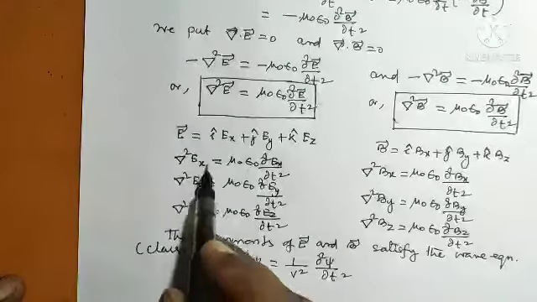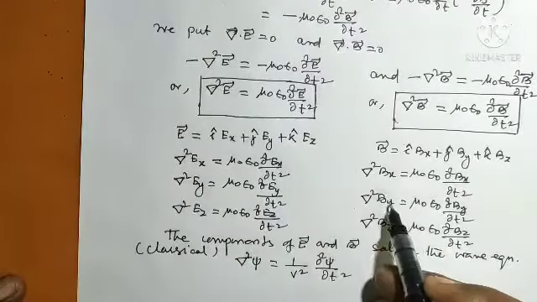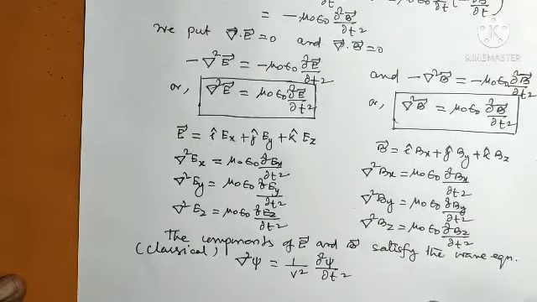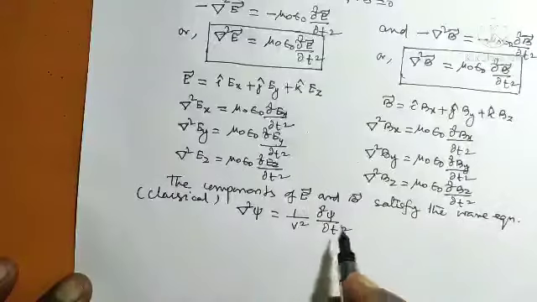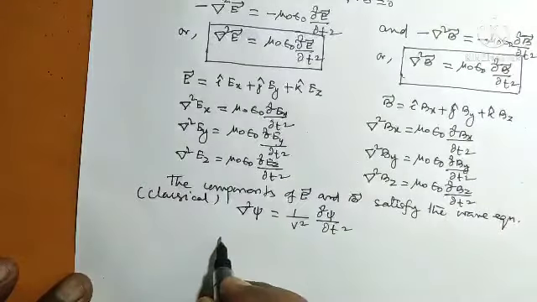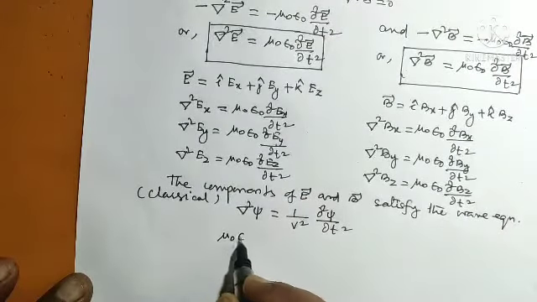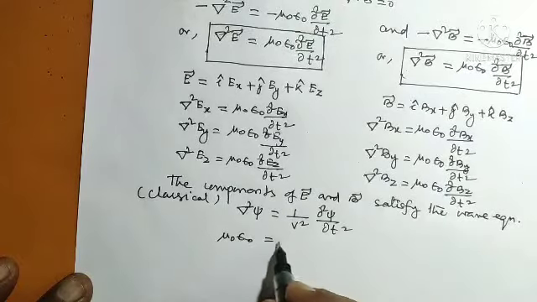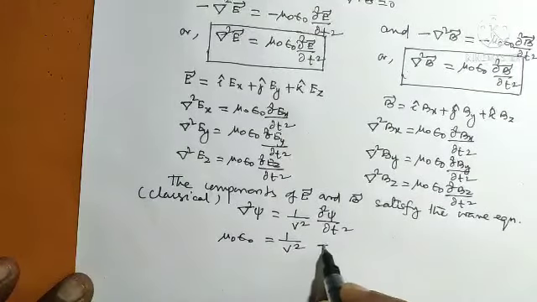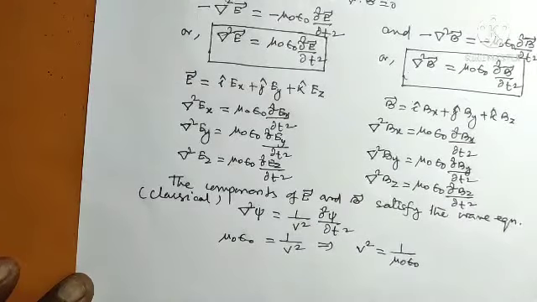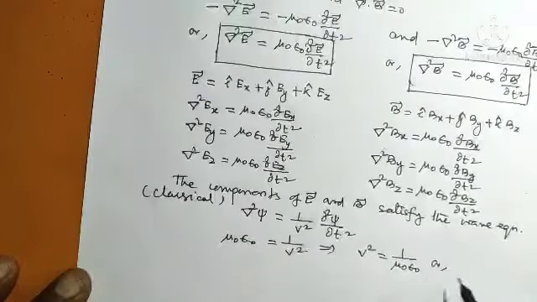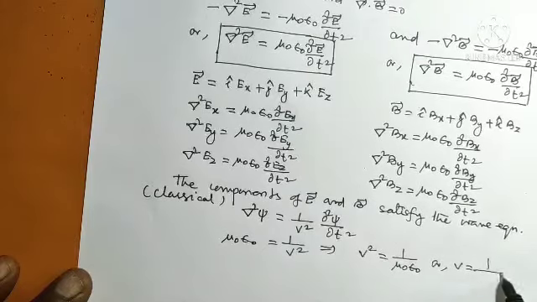So psi can be Ex, Ey, Ez or Bx, By, Bz. Comparing this equation with the classical wave equation, we can write mu 0 epsilon 0 is equal to 1 by b square. This implies b square equal to 1 by mu 0 epsilon 0, or b equal to 1 by square root of mu 0 epsilon 0.